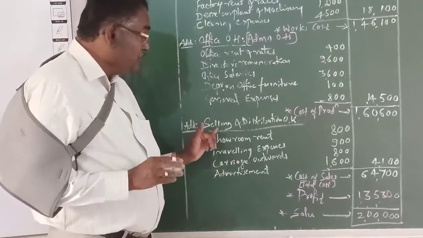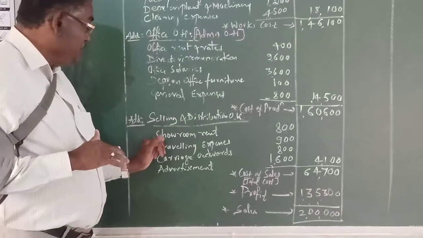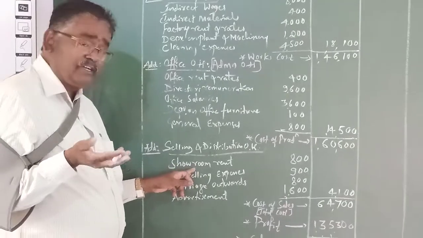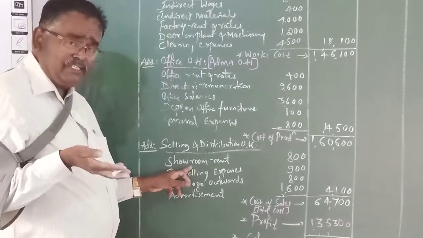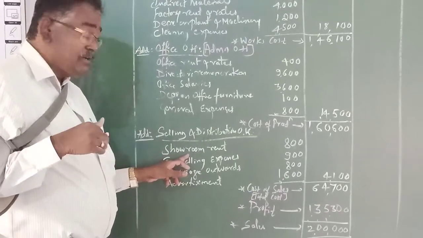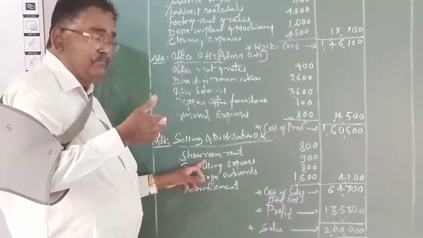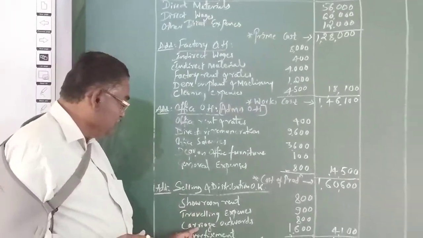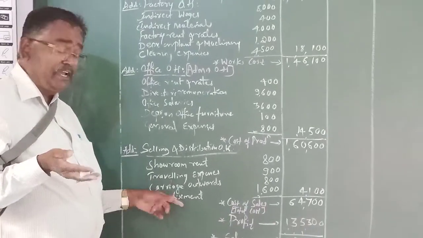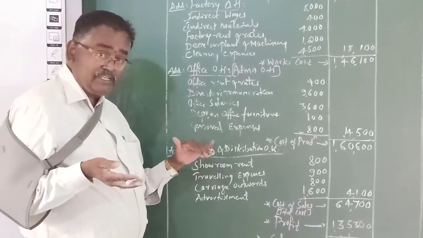Any expenses incurred for selling or distribution of goods and services, maybe godown rent or showroom rent, traveling charges, salesman salary, salesman remuneration, depreciation provided on factory hand, or the carriage outwards, advertisement charges. Sometimes bad debts or any other expenses incurred for that. So selling and distribution overhead is taken under this head.